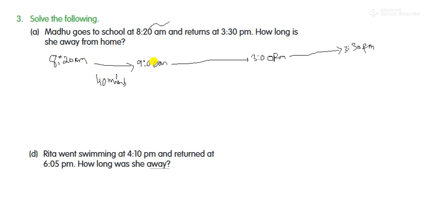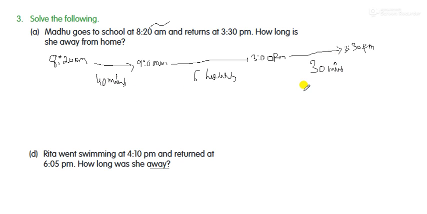Next 9 AM to 3 PM: 9 to 10, 10 to 11, 11 to 12, 12 to 1, 1 to 2, 2 to 3. So it's 6 hours. Next 3 to 3:30, so it's 30 minutes. First add the minutes.